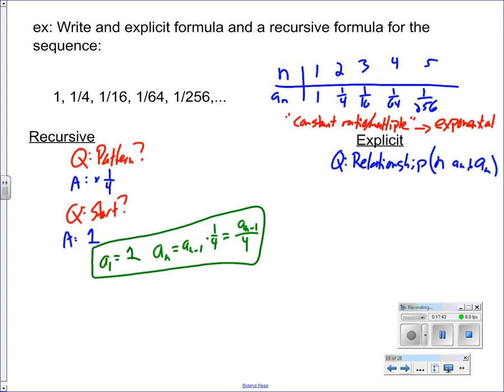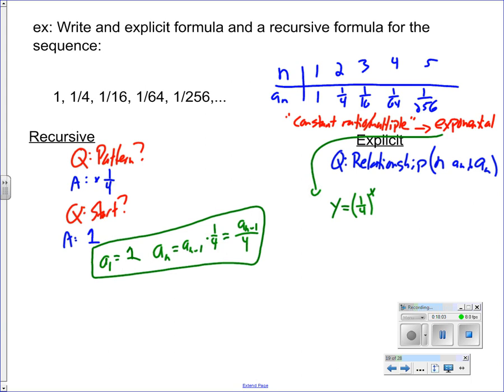So we know we're going to have an exponential with 1/4 as the base. We just have to figure out how we can relate the term number to that exponent.